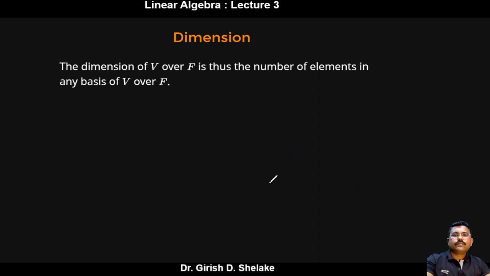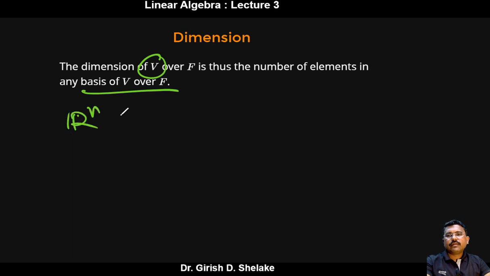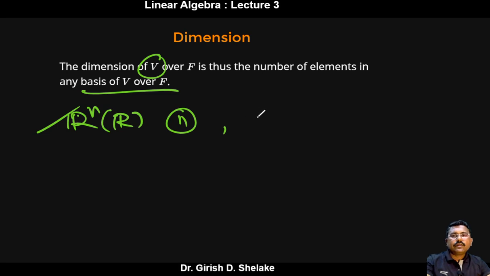Now we consider the definition of the dimension of a vector space. The dimension of a vector space V over F is the number of elements in the basis. We know that Rn is a vector space over R, and its basis contains n elements, so the dimension of the corresponding space is n.